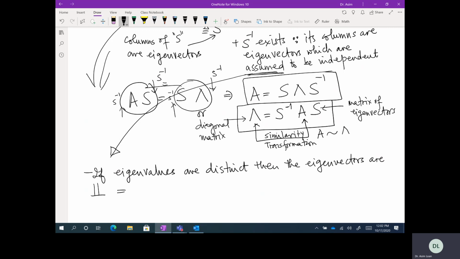This implies any matrix with distinct eigenvalues can be diagonalized.